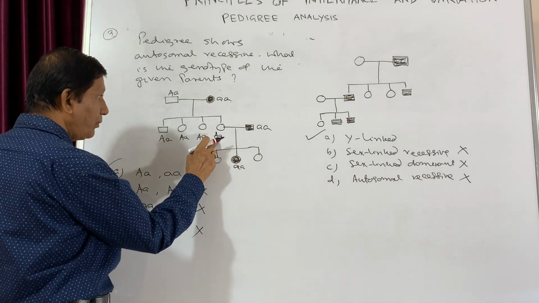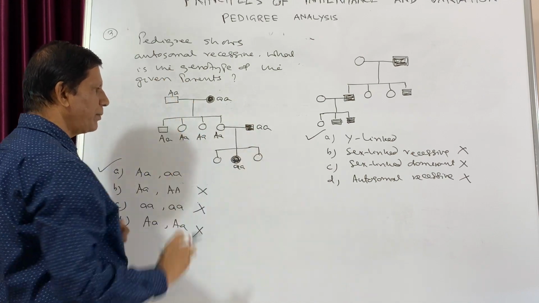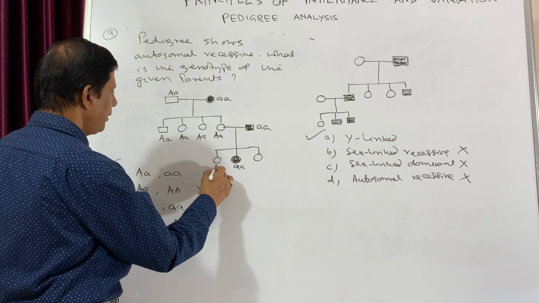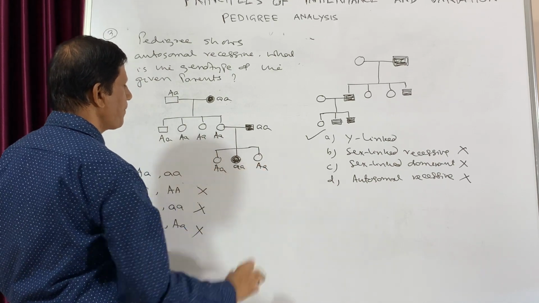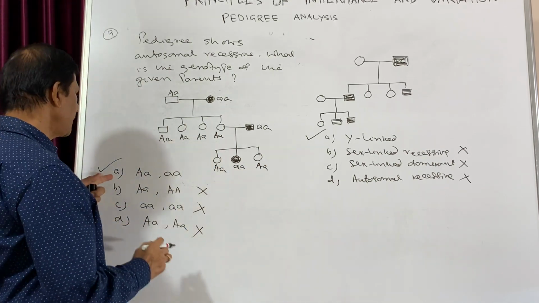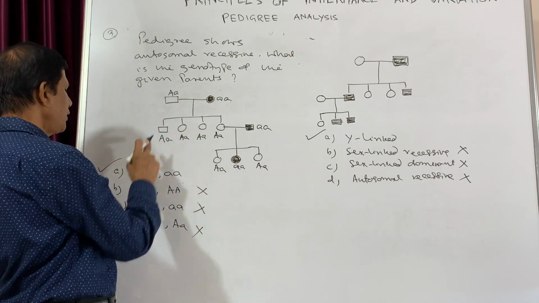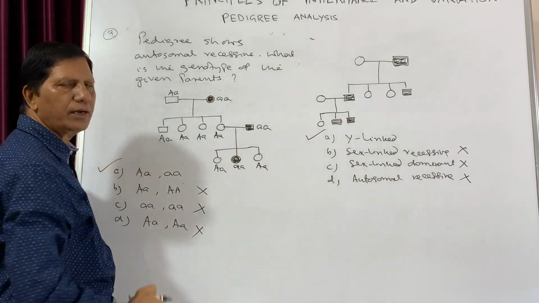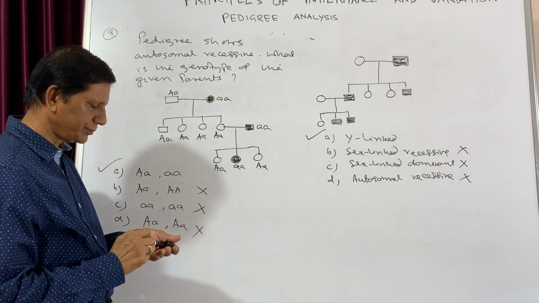But only when this heterozygous is marrying this sufferer is this possible. And in that case also, these will be heterozygous. So the answer is this one. The father is heterozygous and the mother is double recessive.